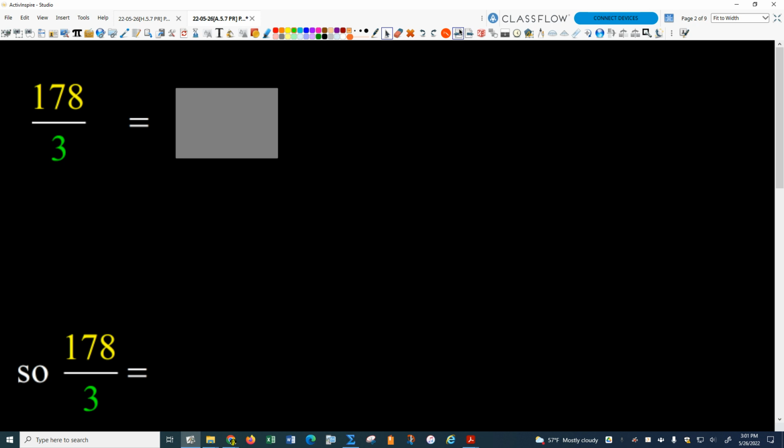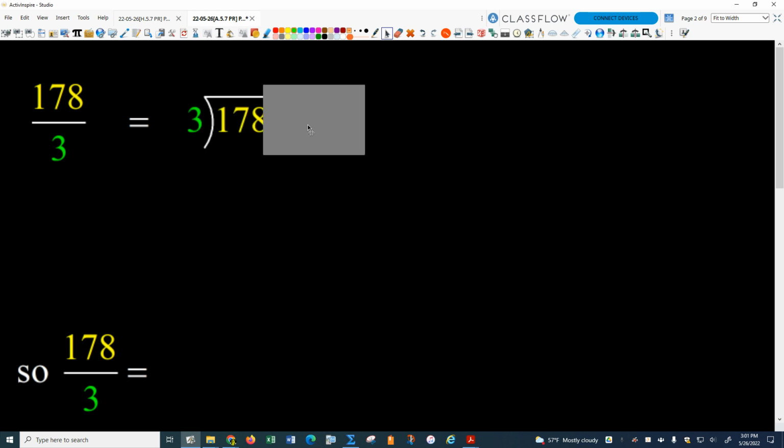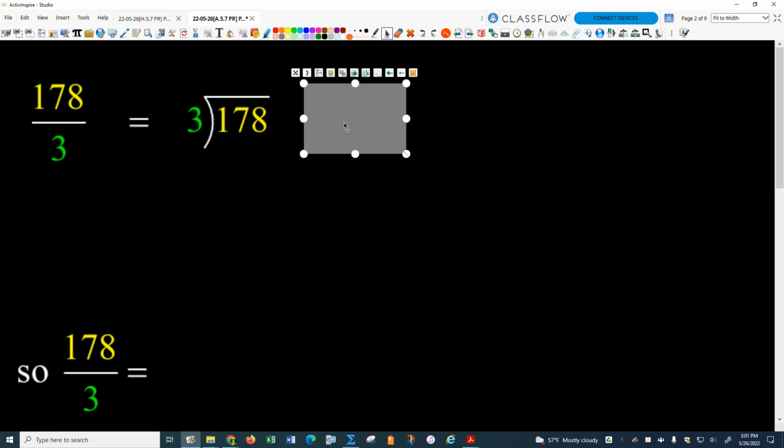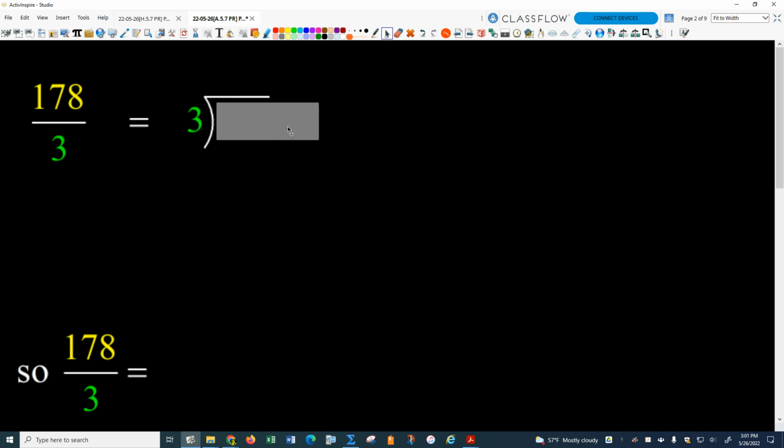Whatever is in the top of the fraction goes inside the division bracket, and whatever's in the bottom goes out front. And then how did we do this process? Well, we would just look at the first digit and say, how many times does 3 go into the first digit of the numerator? Well, 0, right? So I got to scoot over to the next digit. 3 goes into 17 how many times? 5. Goes in 5 times evenly.